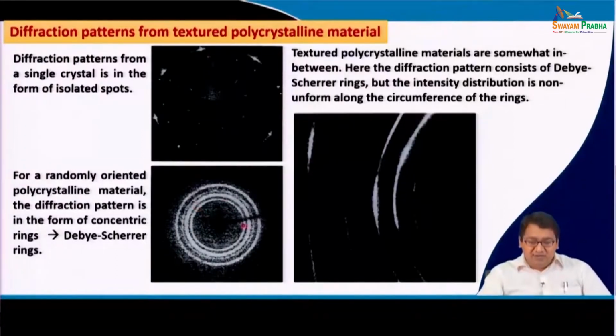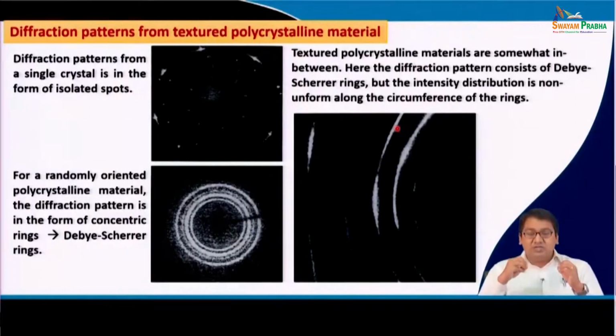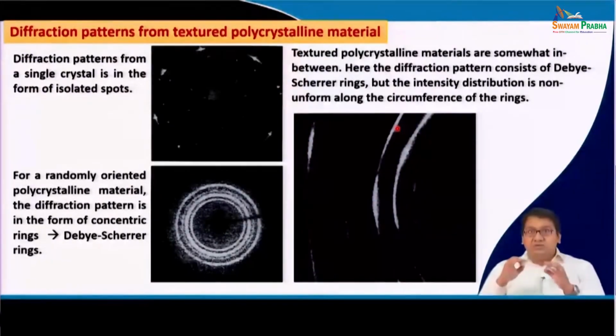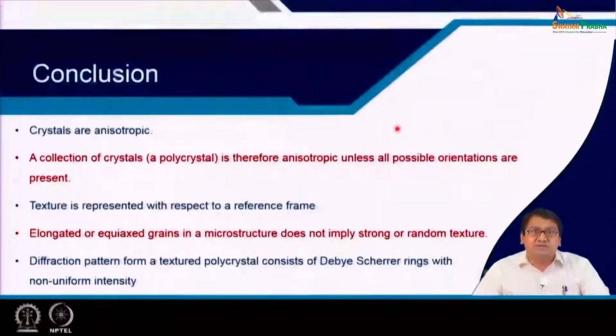So, it will have a strong intensity somewhere, and the intensity will reduce and become less and zero, and again it will become strong somewhere, because it will form streaks of strong intensity and low intensity in the Debye-Scherrer ring, showing that the material is textured. So, non-uniform concentric Debye-Scherrer rings will form in a textured polycrystalline material.